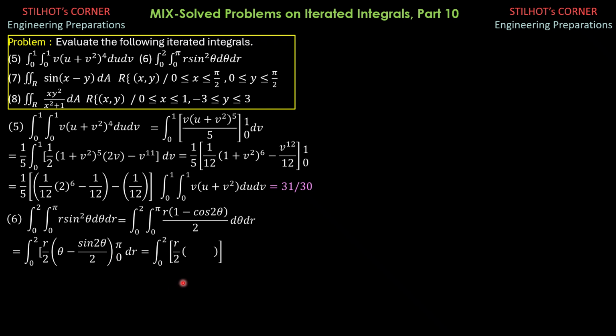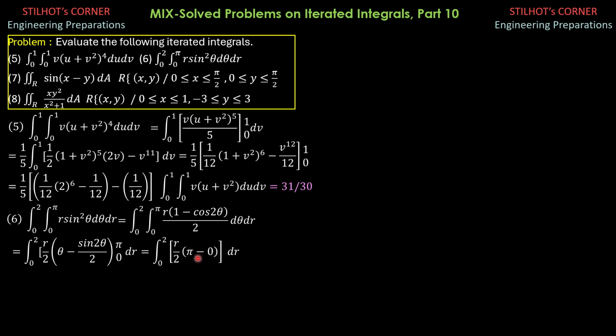Then substitute lower limits, everything will also be 0. So that would be r over 2 times pi only, because this is 0. And when we substitute the lower limit, which is 0, 0 minus sine of 0 over 2 is still 0. So that would be r over 2 times pi.